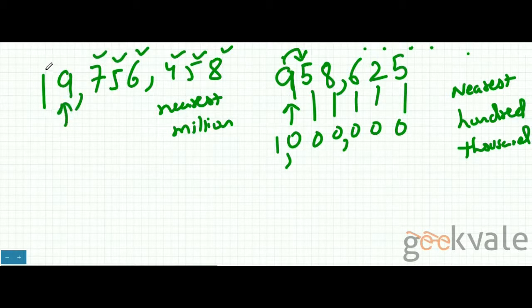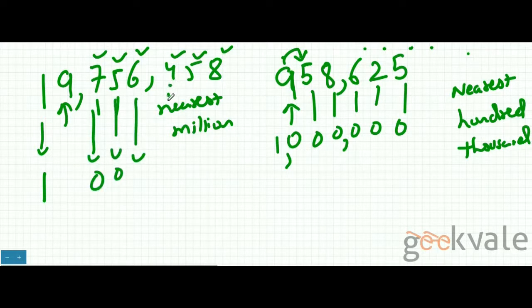Everything before it will stay as it is and everything after it will change to 0, right? So this 1 will stay as it is, and everything after it becomes 0. Let me write it down a little below because it's going to mix up with this word. This will become 1, then 0, 0, 0, that 4 becomes 0, that 5 becomes 0, and that 8, 0 again.